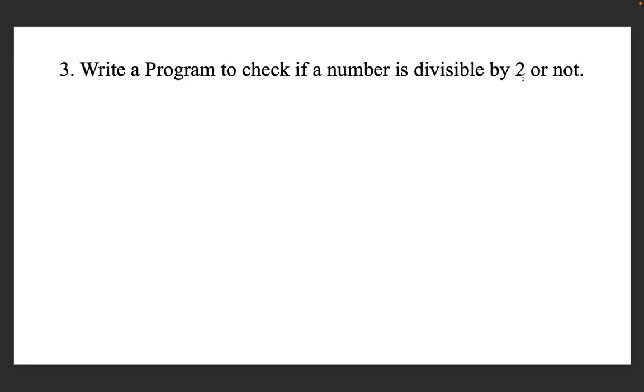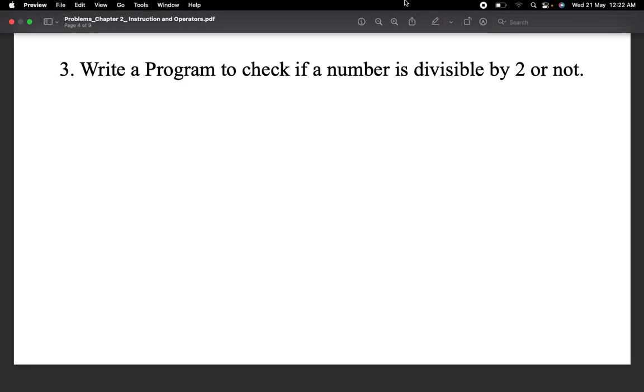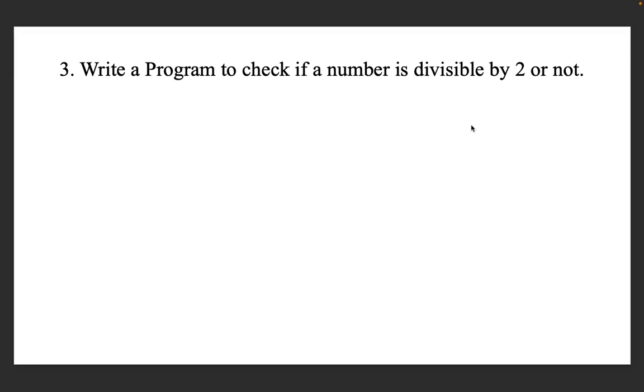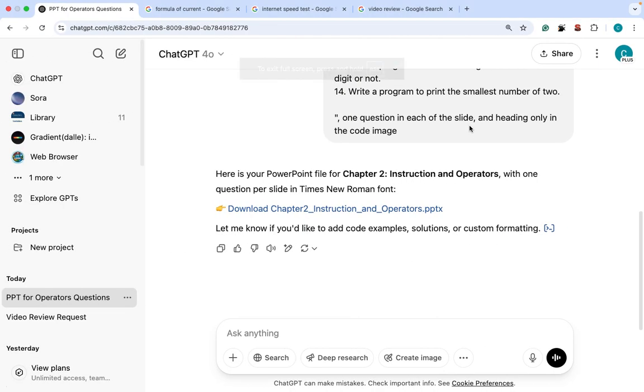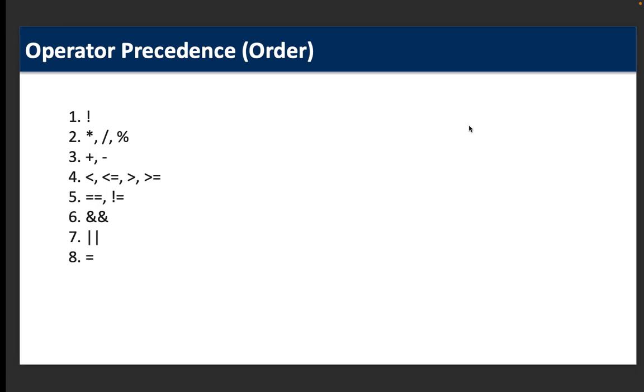If 5 is divisible by 2, then its remainder should be 0, right? If 6 is divisible by 2, its remainder should be 0. We'll see it in the code.